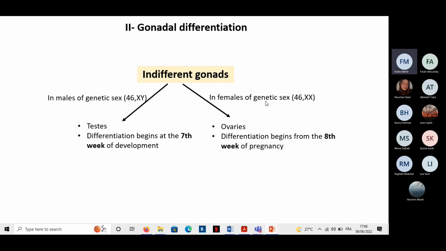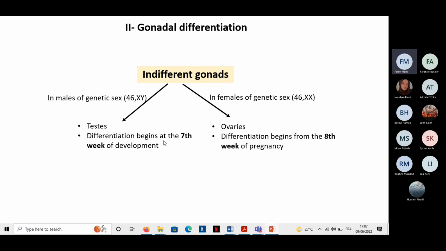However, if this fetus has a genetic sex of 46 chromosomes with XX chromosomes, so if it has a female genetic sex, the gonads will develop into ovaries, and the differentiation of the gonads in the female will start from the 8th week of pregnancy.